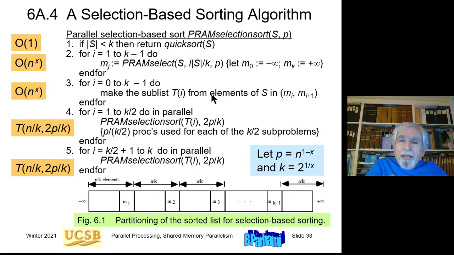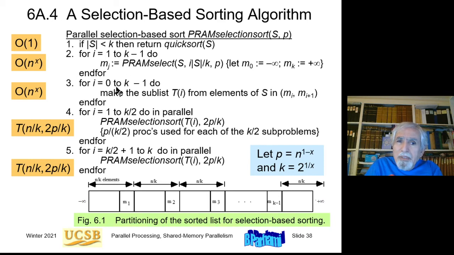Because k is a constant, we have a constant number of invocations of PRAM select. And that PRAM select we established takes order n to the power x times the constant k, but we are ignoring constants. So that's the first part of the algorithm.